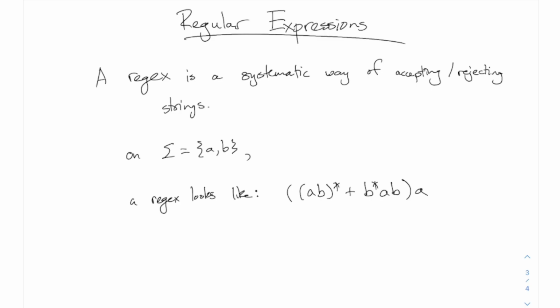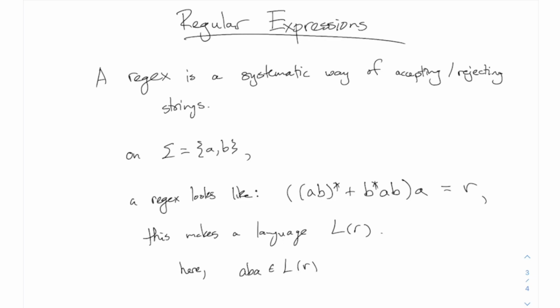This defines a language. For instance, if I call the whole regular expression R, then this makes a language, which we're going to write like L of R. In this case, I know, for example, that ABA is accepted.